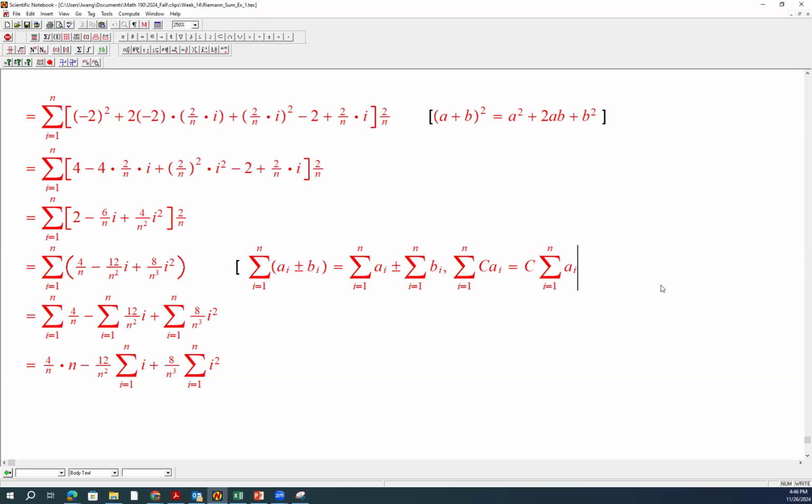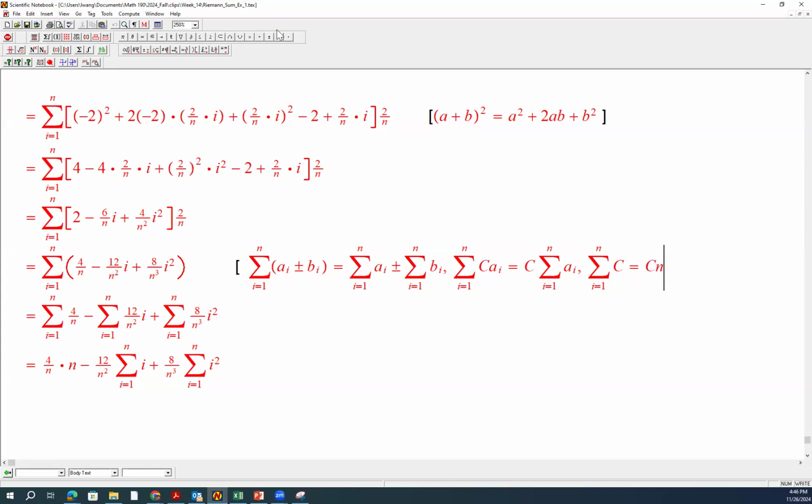So you have a constant, you can pull it out because C should have nothing to do with i. And the third property that we're going to use: if we do the summation of 1, what would that be? That equals n. But if we have a constant C, that's going to be C times n.